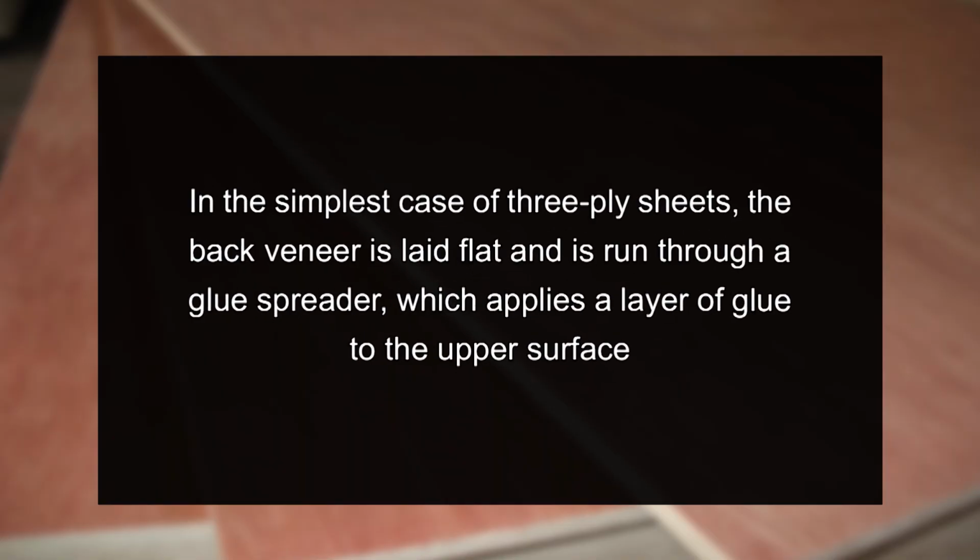When appropriate sections of veneer are assembled for a particular run of plywood, the process of laying up and gluing the pieces together begins. This may be done manually or semi-automatically with machines. In the simplest case of 3-ply sheets, the back veneer is laid flat and run through a glue spreader which applies a layer of glue to the upper surface.